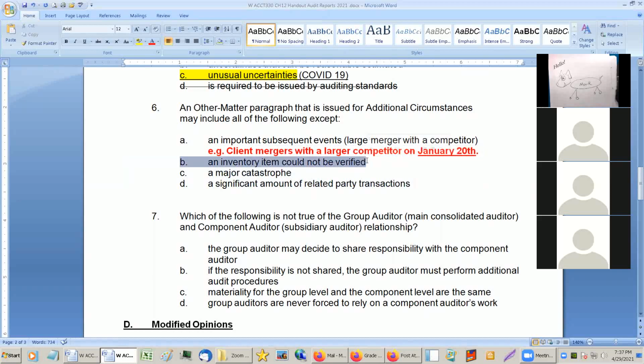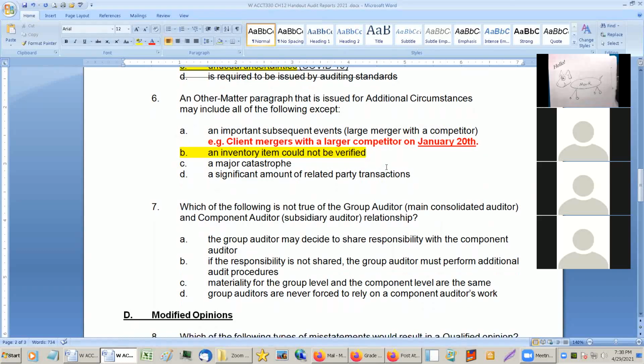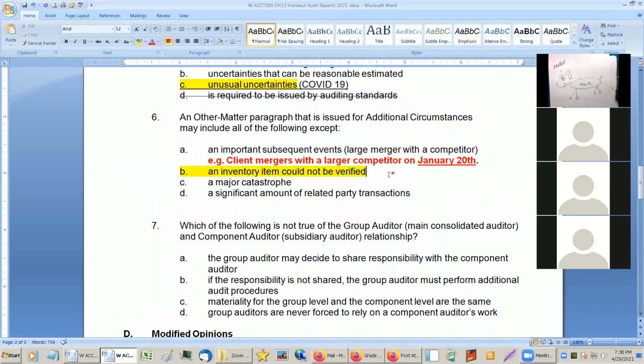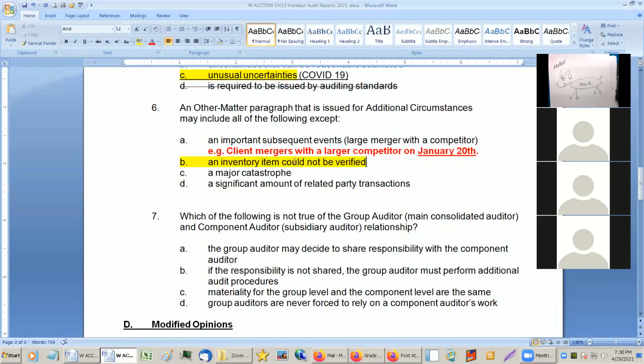Now, if it was significant, it should be in the audit report itself if it was a big problem. But this is not something you generally would tack onto this extra paragraph. An inventory item could not be verified. That's sort of your problem. It's an auditor problem, not necessarily something that anyone else would be too worried about.